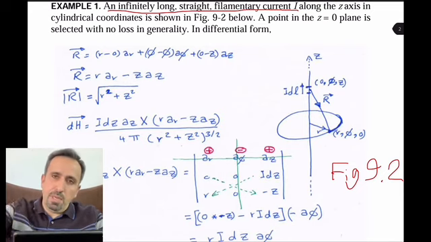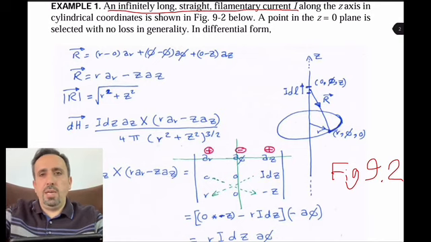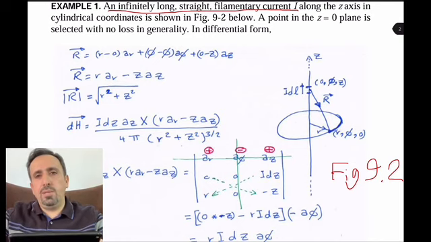If we take an arbitrary point on the z-axis, you are saying that it is on the z-axis, meaning its r equals 0.